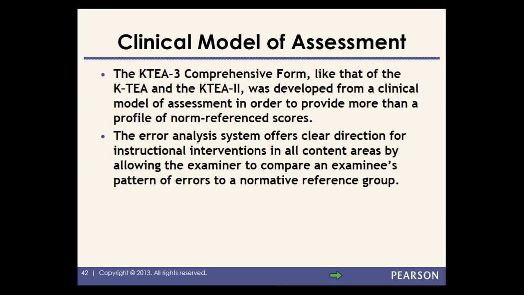In terms of the model of assessment, the KTEA comprehensive form, just like its predecessors, was developed from a clinical model of assessment, really to provide more than just norm reference scores.